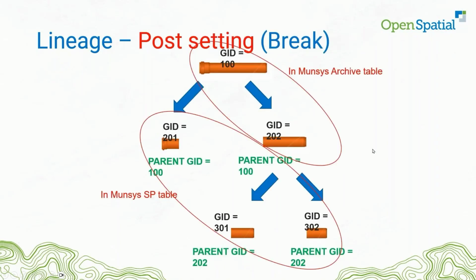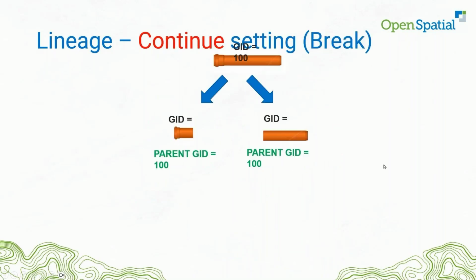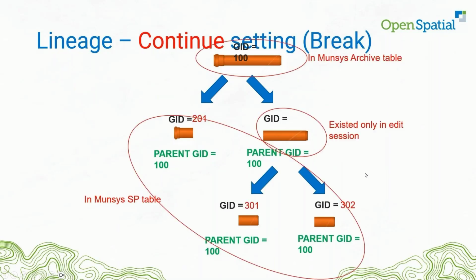If I use the continue setting, so that I will then have the entire history in that. So this one will tell us that the parent GID is this pipe, and then that pipe, that one has got the parent GID in there. The other option would be to say, okay, I create this, I then go and break those, but this only really existed in the edit session, so it never gets posted.